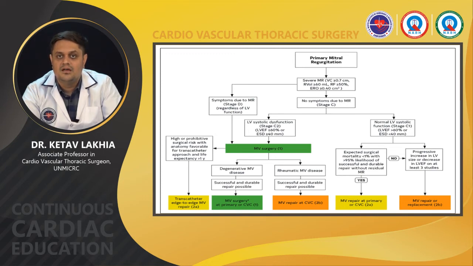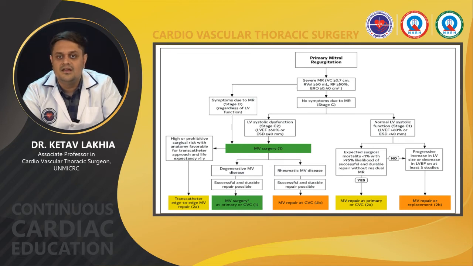So if asymptomatic severe MR with decreased LV ejection fraction less than 60% and end systolic diameter of LV of more than 40 mm, it is a class 1 indication to go for mitral valve surgery. In this, if there is degenerative mitral valve disease and successful and durable repair is possible, then mitral valve surgery should be performed at either a primary or a specialized center.